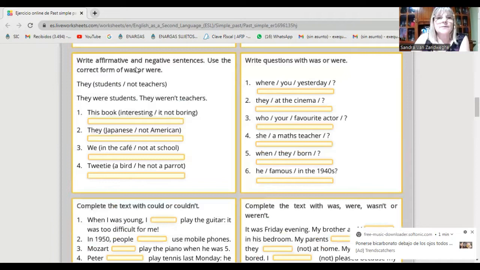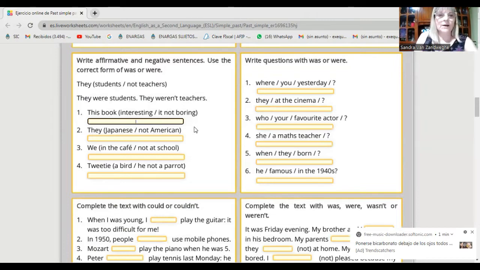Write affirmative or negative sentences. Use the correct form of was or were. They, students, know teachers. Bien, van a ser dos oraciones. La primera, they were students, they weren't teachers. ¿Ok? Usando was y were. This book, interesting, not boring.